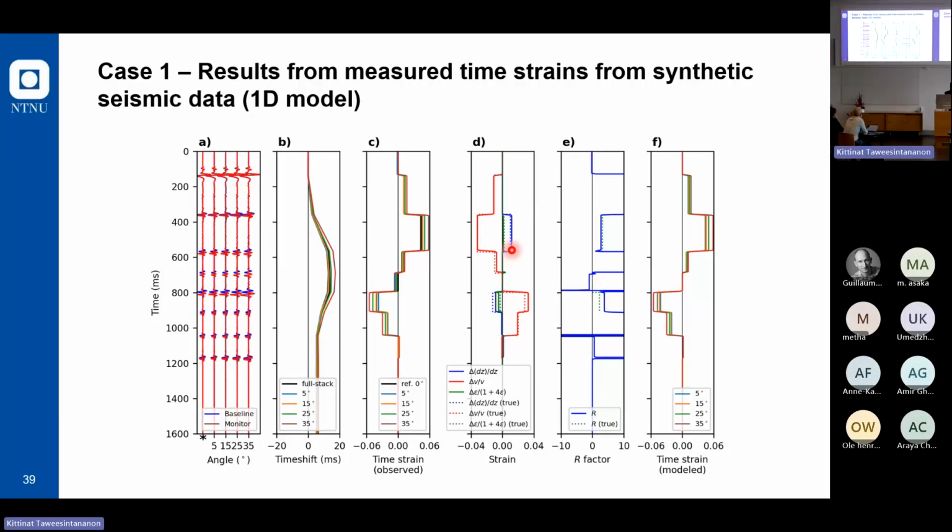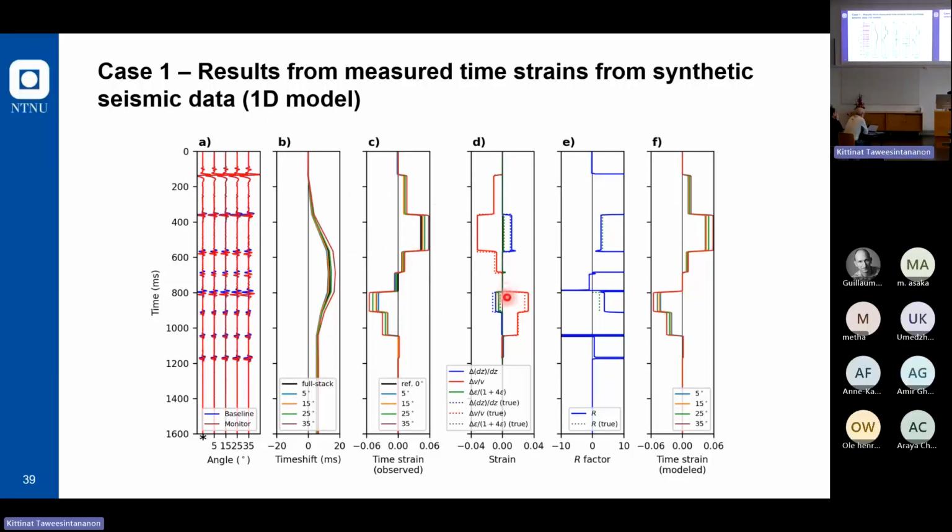But in reality, we need to measure the time strain from the seismic trace. So I do elastic modeling on that model and get this trace, do some migration, and then create angle stacks, and measure using a standard correlation-based method to measure time shift, then convert to time strain and put it into the inversion program.